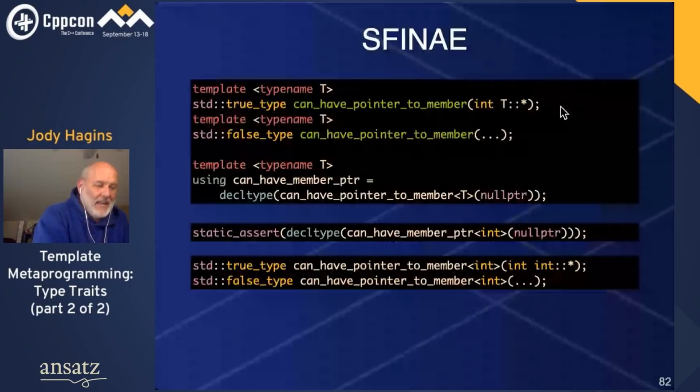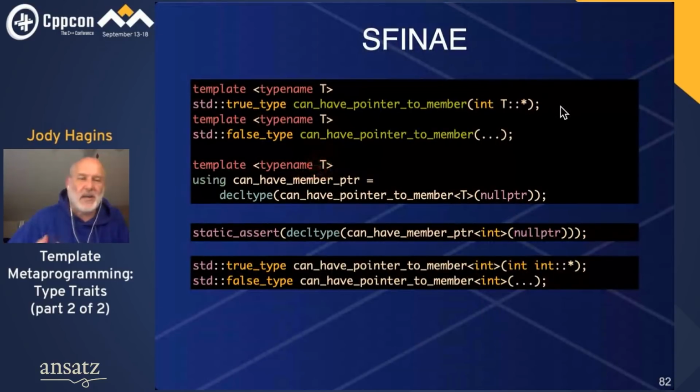I'm saying instantiate this template and force it to have an int in this T. Well, in the previous slide, when we tried to call this thing directly from here, it wouldn't let us. It gave us an error, because we were directly shoving the int in. But in this case, we're substituting it for a template parameter. That's why it's called substitution failure is not an error. So the error isn't that this doesn't compile. The error is that when you substitute an int for T, when you try to plug an int in for this T, this doesn't compile.